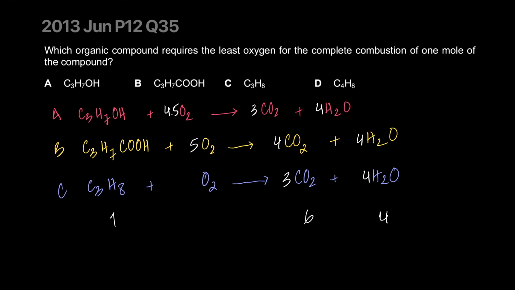But there's no oxygen over here. So all of the oxygen should be here, so you need 5 oxygen for it to burn. So C requires more oxygen than A. So I'm pretty confident it is now A. The answer is A.